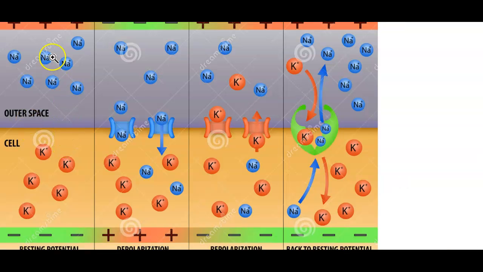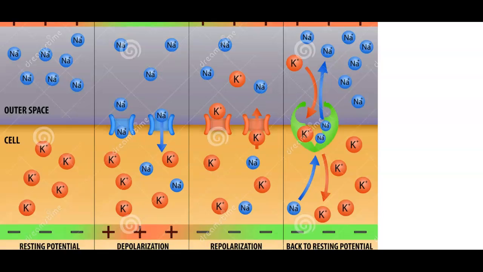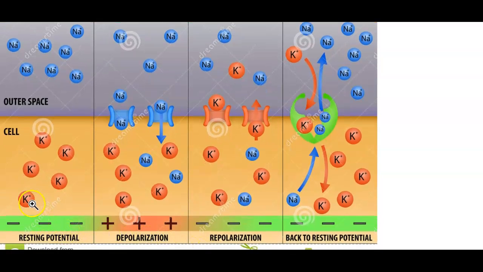Here we see the inside of an axon that shows resting, action potential, repolarization, and back to resting again. So here we have 3 sodiums to 2 potassiums, meaning that we have more positively charged ions on the outside than we do on the inside. Therefore, this is negatively charged.